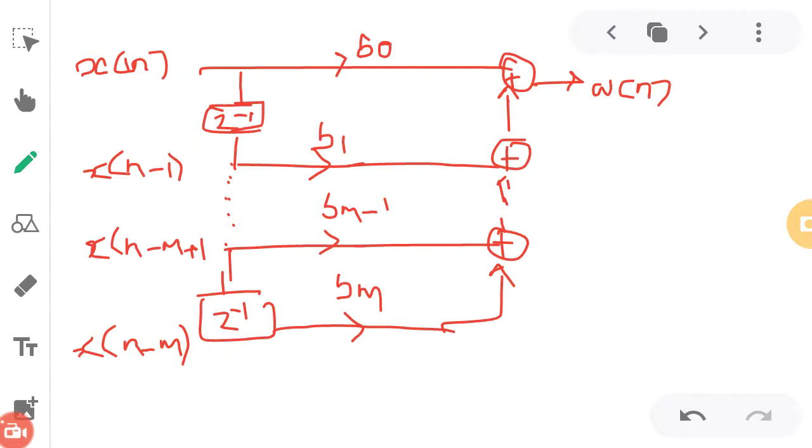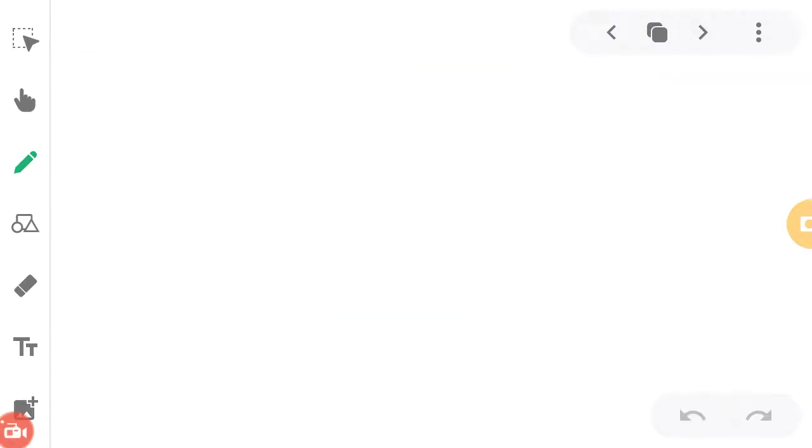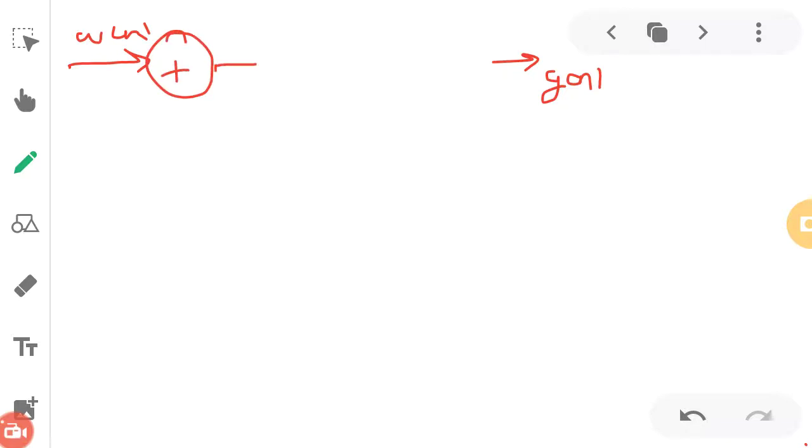Okay, now we have to realize the second term, that is y of n. Same thing, how will we realize y of n? See here, y of n will be the output, that's why y of n will come here. The first term will be W of n plus the next term.